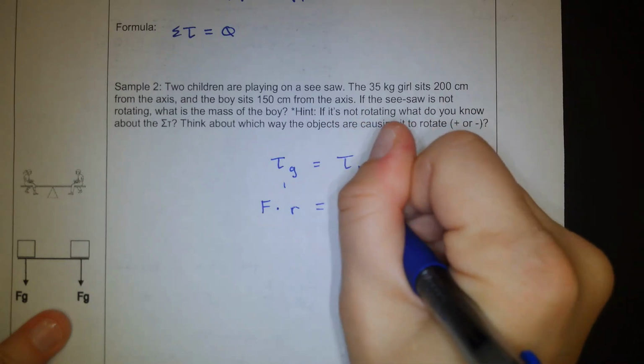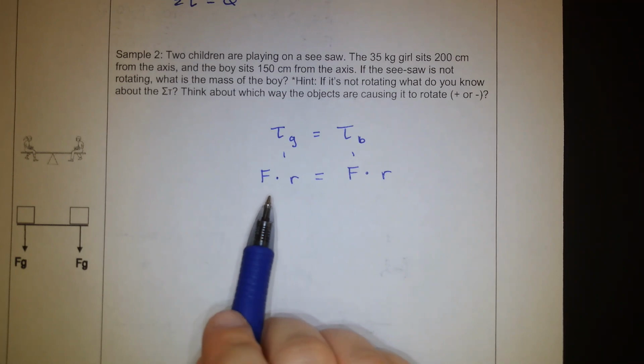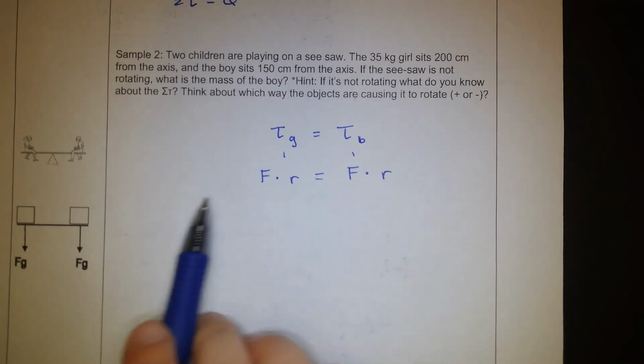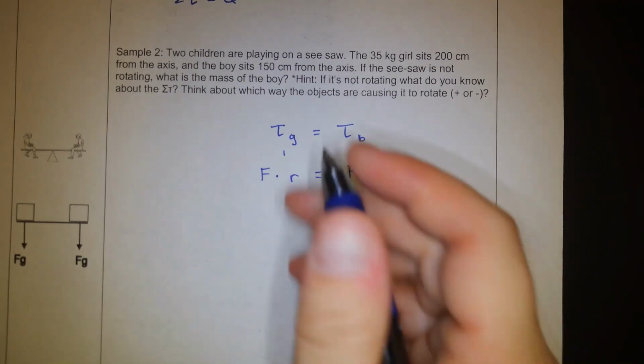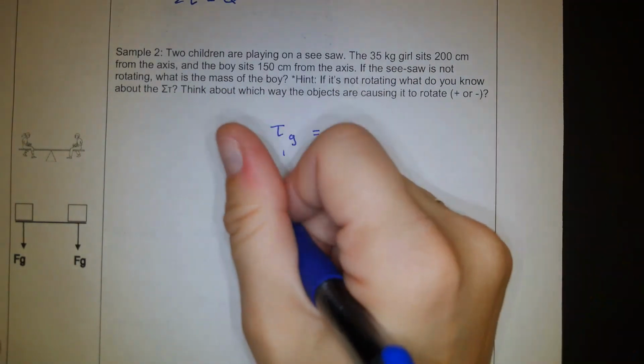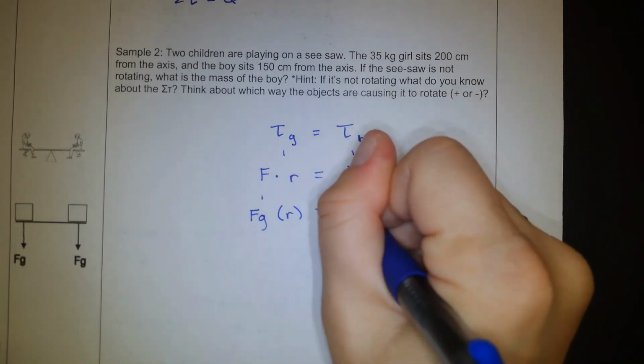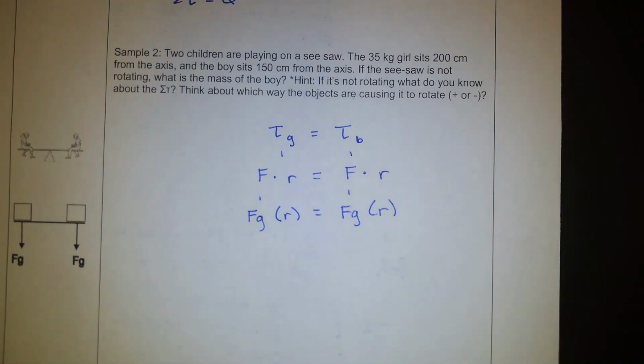Same for the boy, the force of the boy times the radius. What's applying the force here? If it's on a seesaw, it's just going to be the force of gravity. So this force would just be the weight of the girl times that radius. Same with the boy, the weight of the boy times how far he is from the fulcrum.